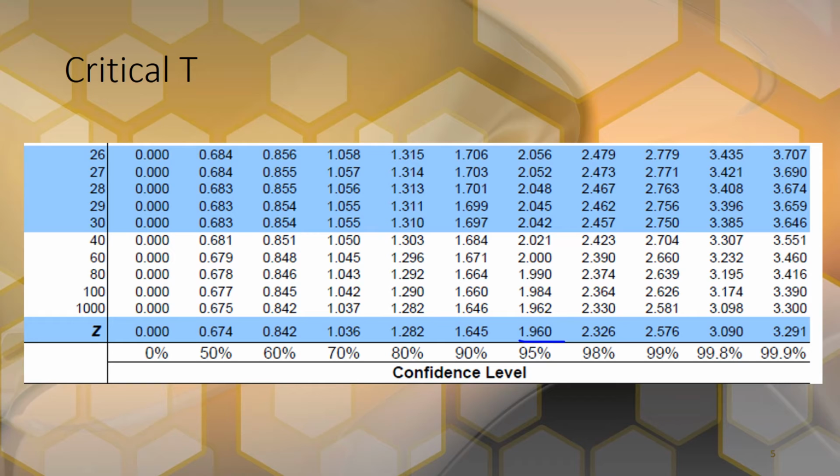And you can also see that as the degrees of freedom increase, so we go lower in the table, the closer that is to 1.96. So if you have 1,000 people or 1,001 people and your degrees of freedom is 1,000, then the critical t is 1.962, and that's not going to be much different than the 1.96 for the z-distribution. So the higher your degrees of freedom, the closer your t-distribution looks like a z-distribution.